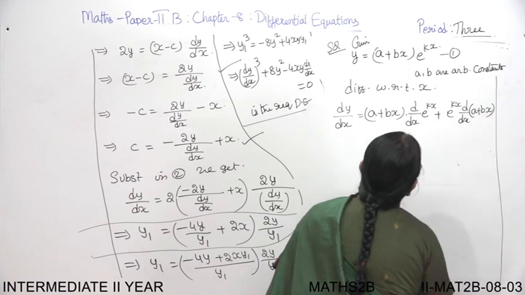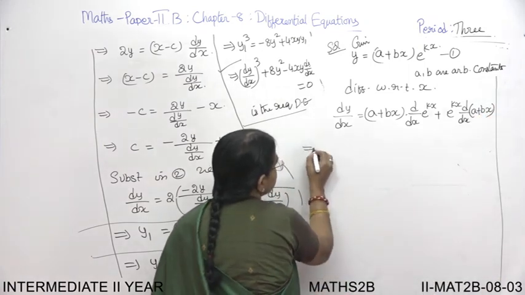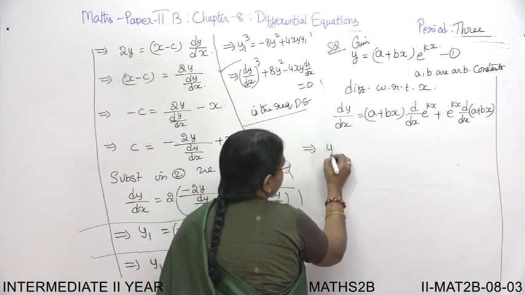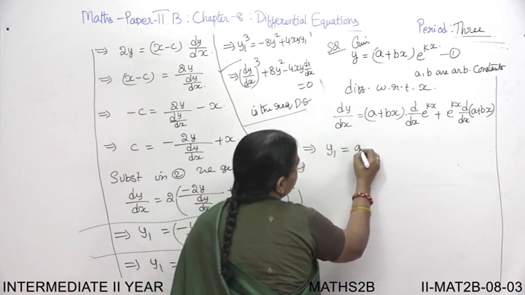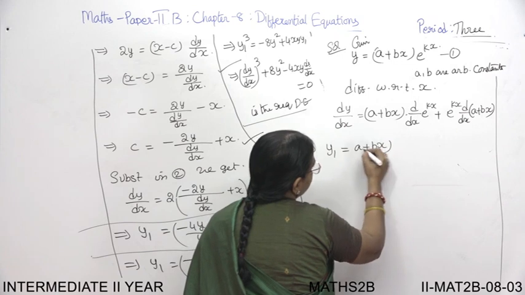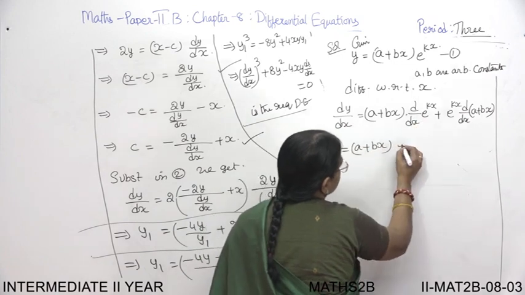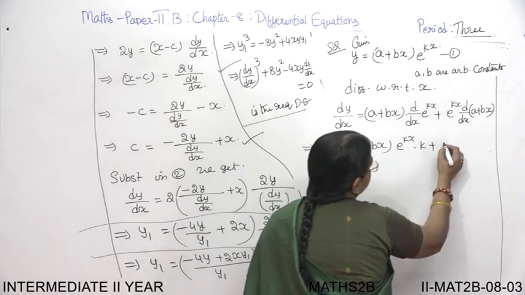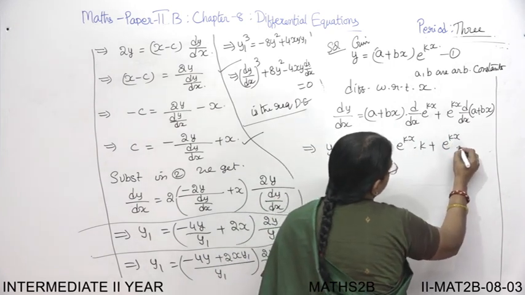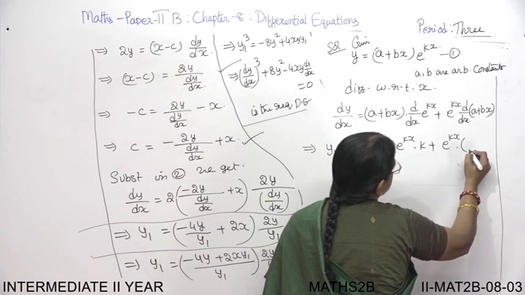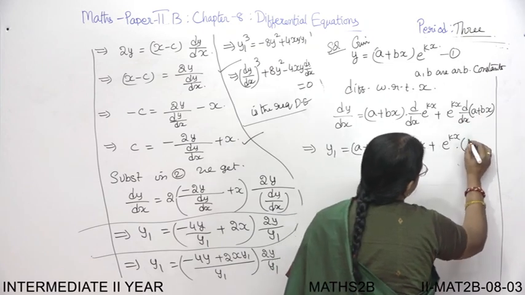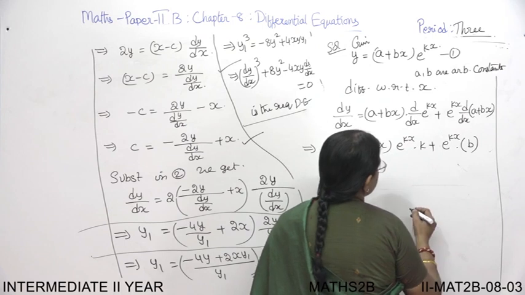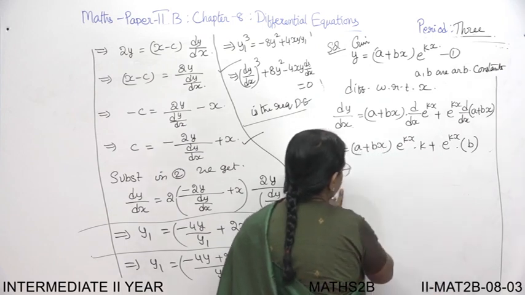So that means I'll write here as y1, that will be convenient, is equal to (a plus bx) into derivative of e power kx into k plus e power kx into derivative of a plus bx. Derivative of a is 0, derivative of bx is b. Okay, now this is your first derivative equation.